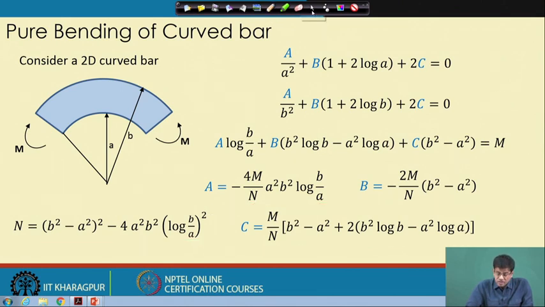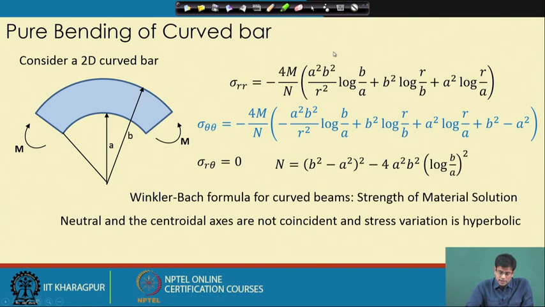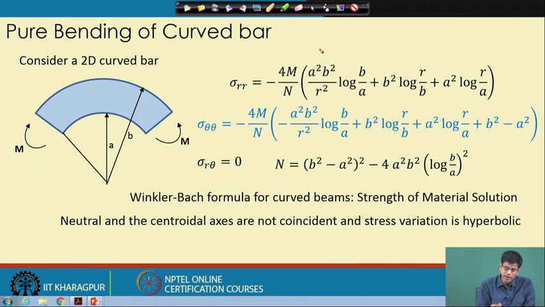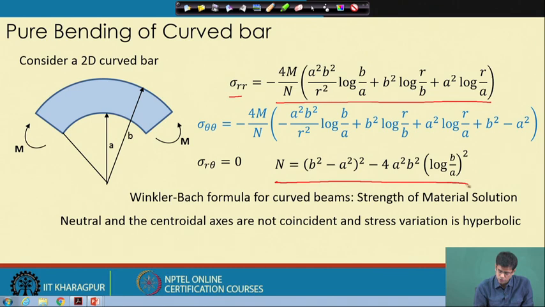So, let us see what the stresses are. The stresses look like this. In case of pure bending, this is sigma rr. Here n is also a constant, which is composed of b and a.